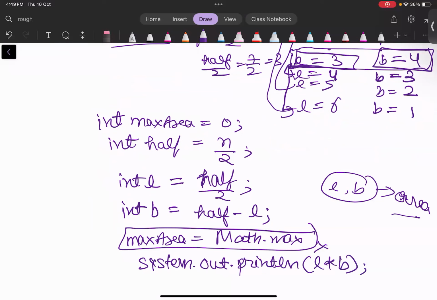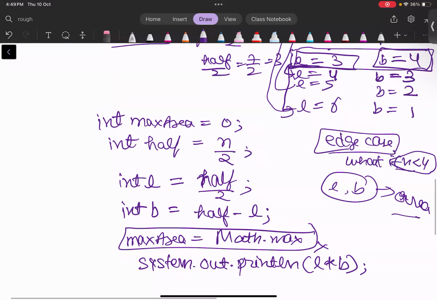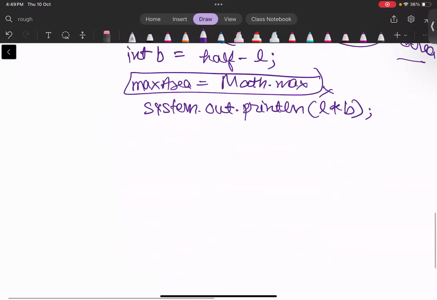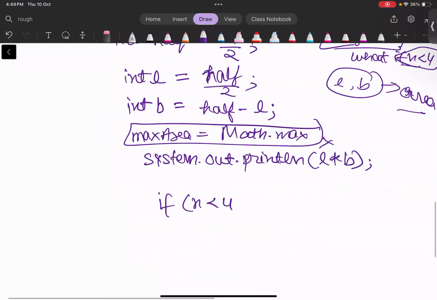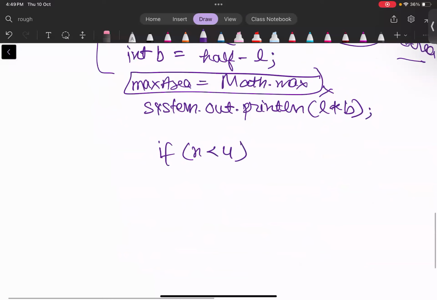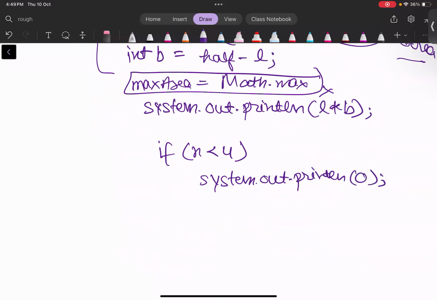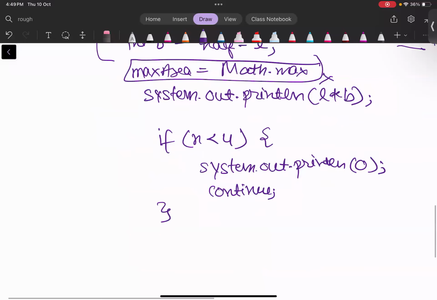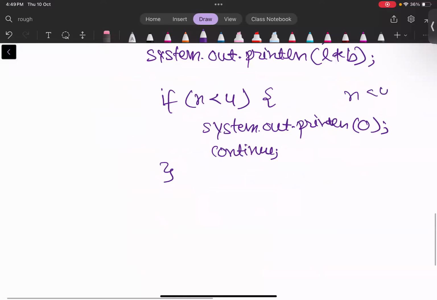But here we miss one edge case. What if n is less than 4? We handle this edge case before doing this. If n is less than 4, then System.out.print always gives 0 as the answer, and we can simply continue for further test cases. You can ask why n less than 4 always gives 0?